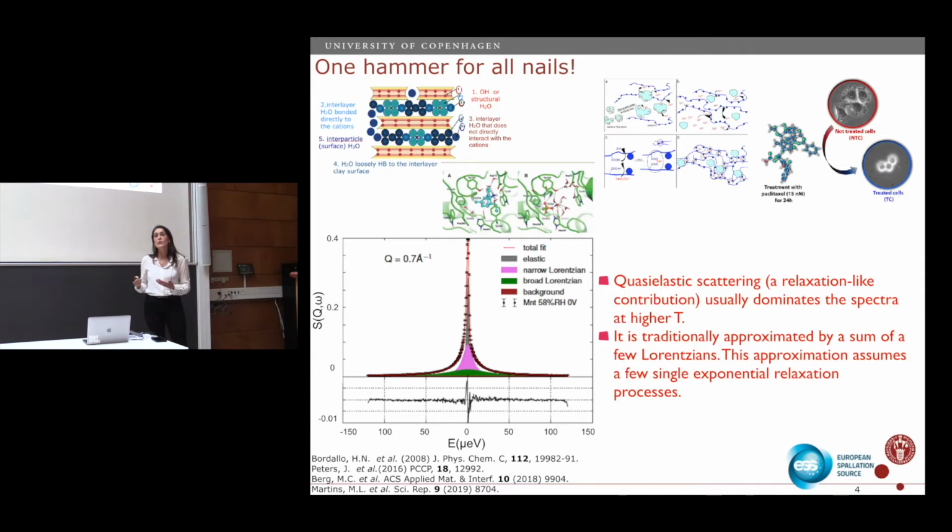We can also use this technique to see how a drug interacts with a cell and how the water dynamics change. So we have a hammer for all problems that we are looking at. That's basically, again, what we do. That's the signal I have. If I have something fast, I have a broad Lorentzian. If I have a motion that is slow, I have a narrow Lorentzian.